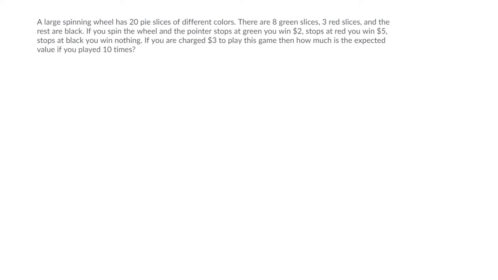Okay, so we're on number 7 here. In this case, again, we're going to have a description of the outcome, then the value of the outcome, and then the probability of getting that outcome, and then the outcome or value times the probability.